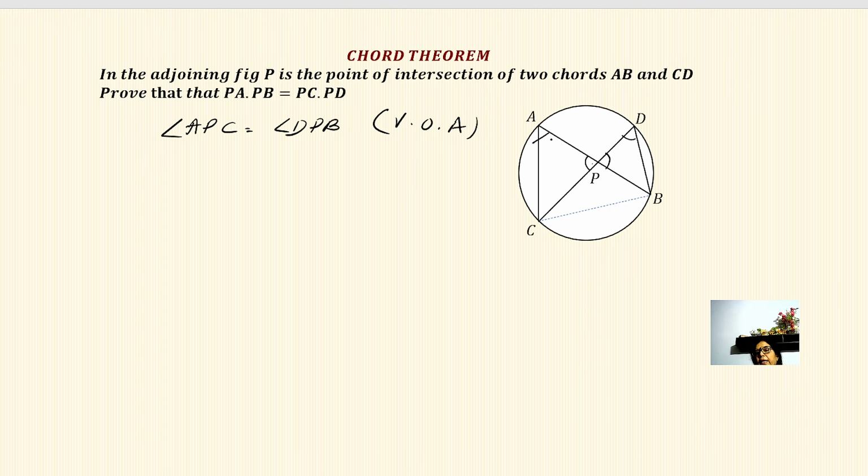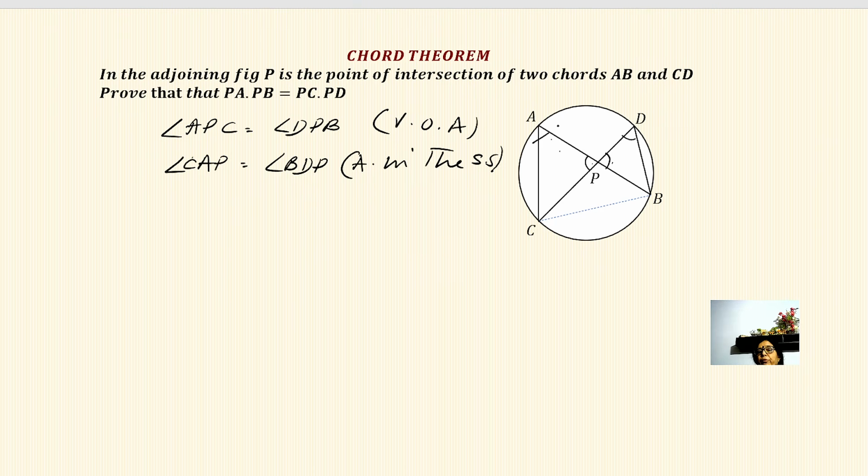But these two angles are also within the two triangles. So we can write down angle CAP is equal to angle BDP. Angles in the same segment. So now in these two triangles, two angles are equal, so the third is definitely going to be equal.